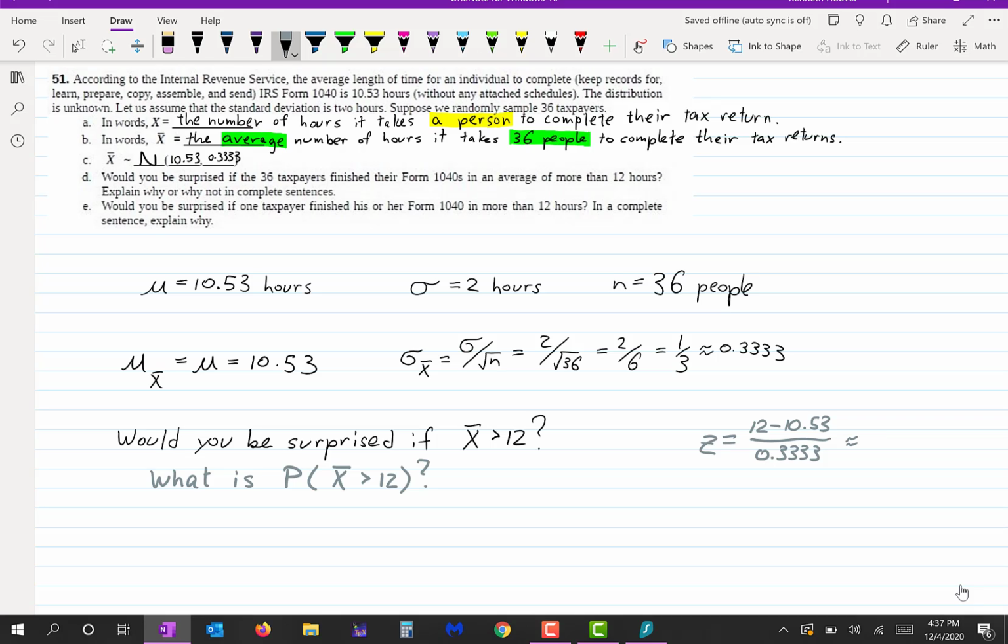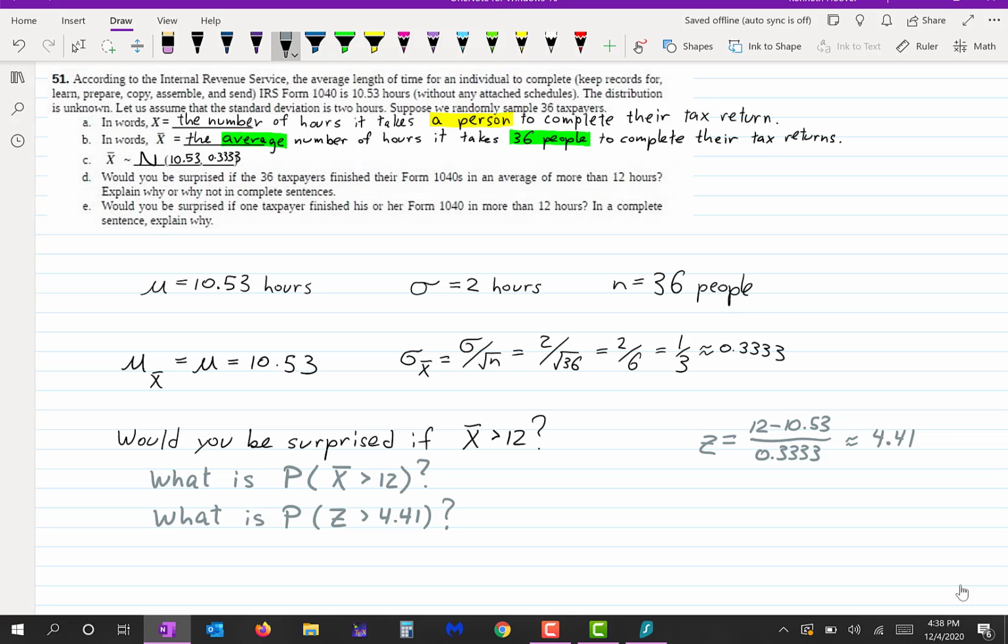So that's about 4.41, let's say. So you ask the question, what's the probability that x bar is greater than 12? Well, that question turns into, what is the probability that z is bigger than 4.41?